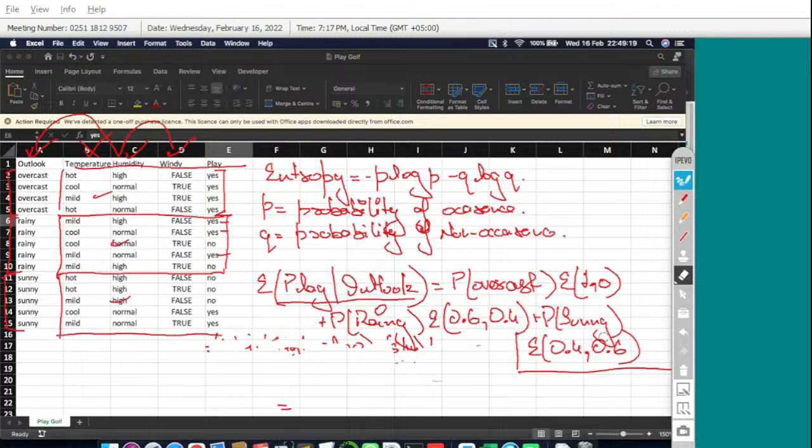Ideally, that is the right approach: the tree should keep on splitting until the terminal node, the leaf node, has zero entropy. We need to keep on splitting till then. Make sense?